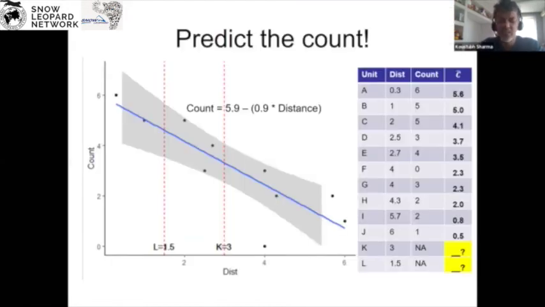Now that's the value of models at times. If you have the right predictor variables, if you can make the right predictions, if you have the right understanding of ecological processes, then you can start using the models to predict data from where you have not even sampled.